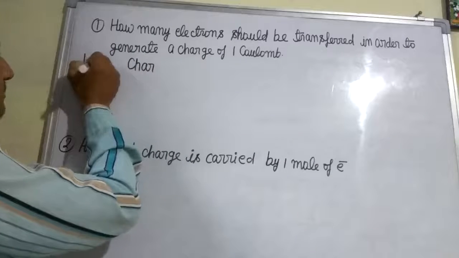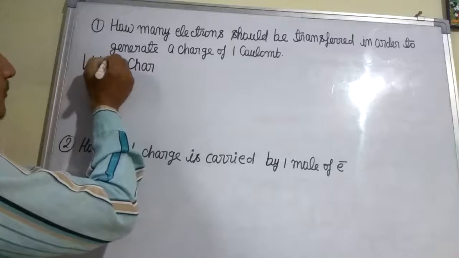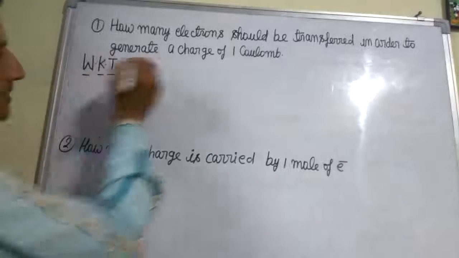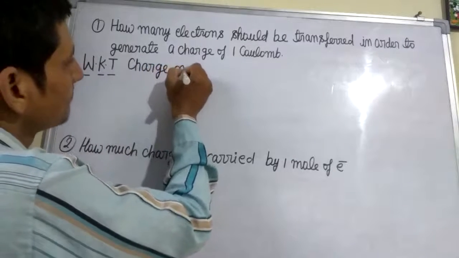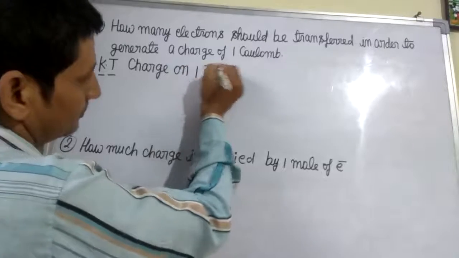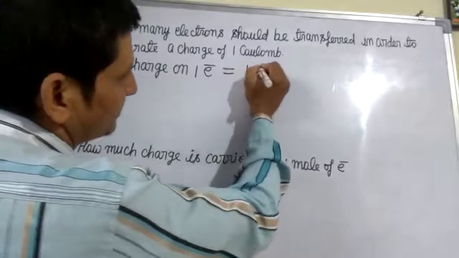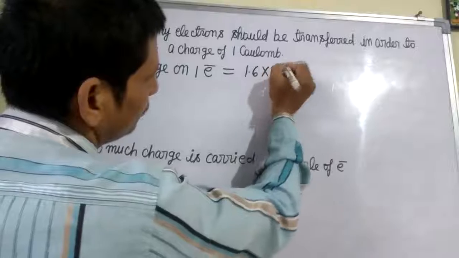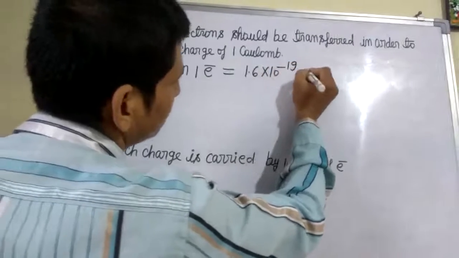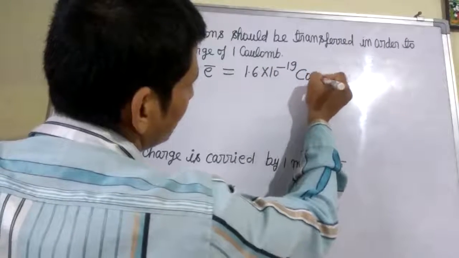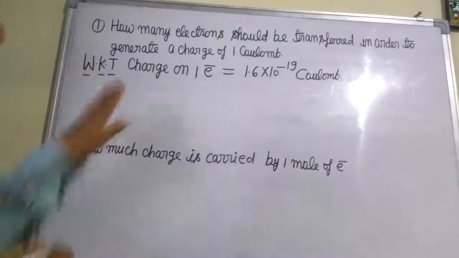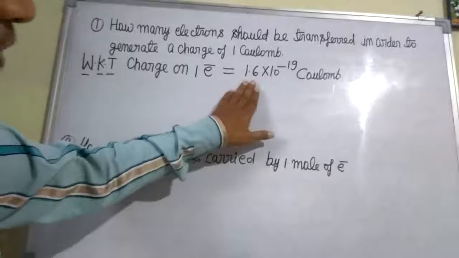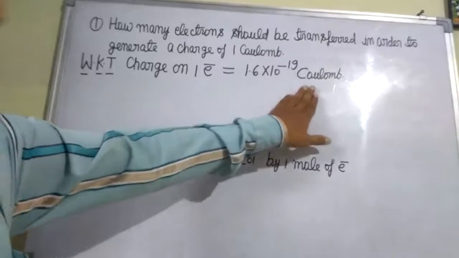We know that charge on 1 electron is equal to 1.6 into 10 to the power minus 19 coulomb.